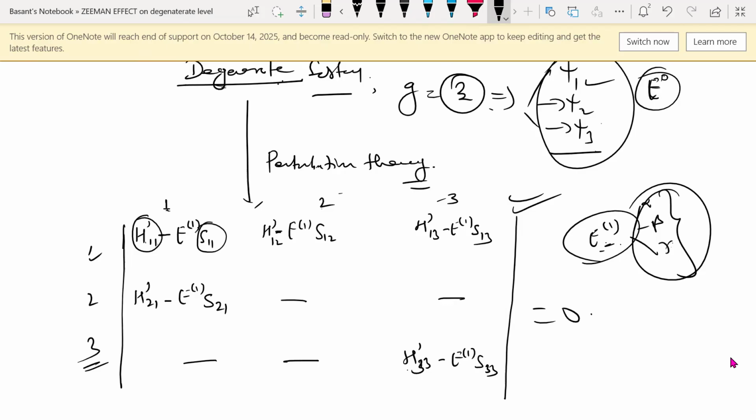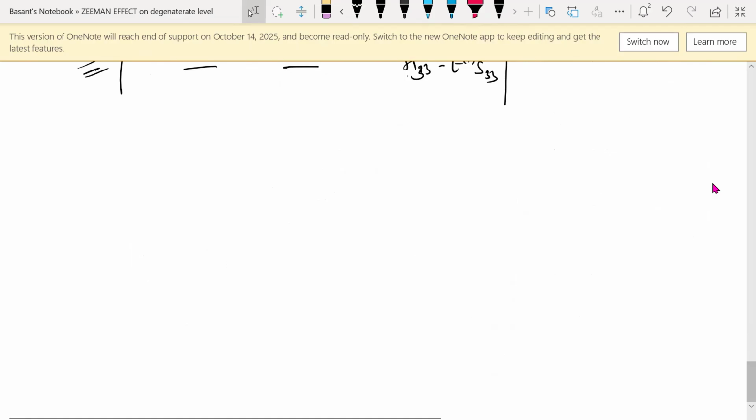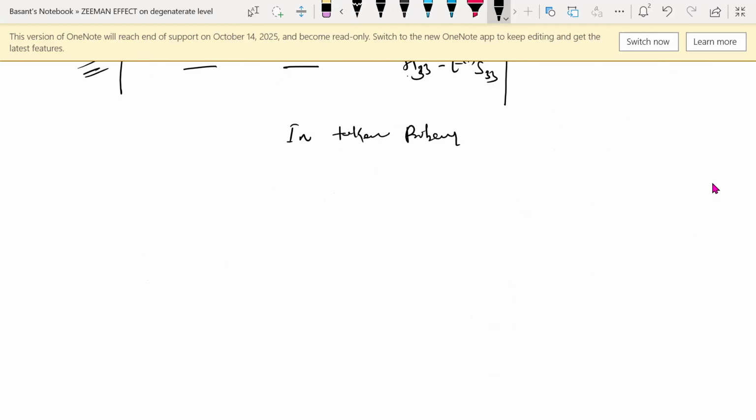Here the degeneracy is only 2. In my problem, the degeneracy is only 2, and the states are psi x and psi y.